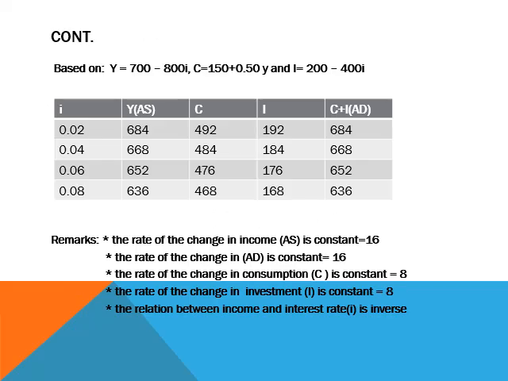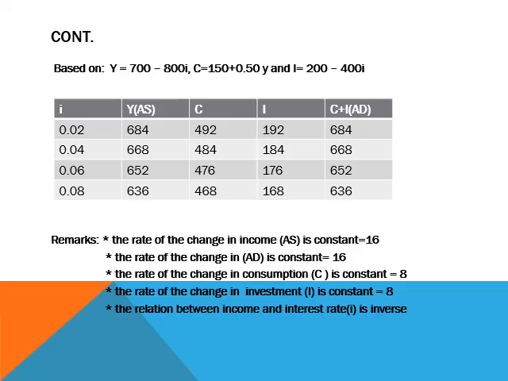Based on the IS equation, Y equals 700 negative 800 i, and C equals 150 plus 0.50 Y, and I equals 200 negative 400 i. Now assume that i equals 2%.